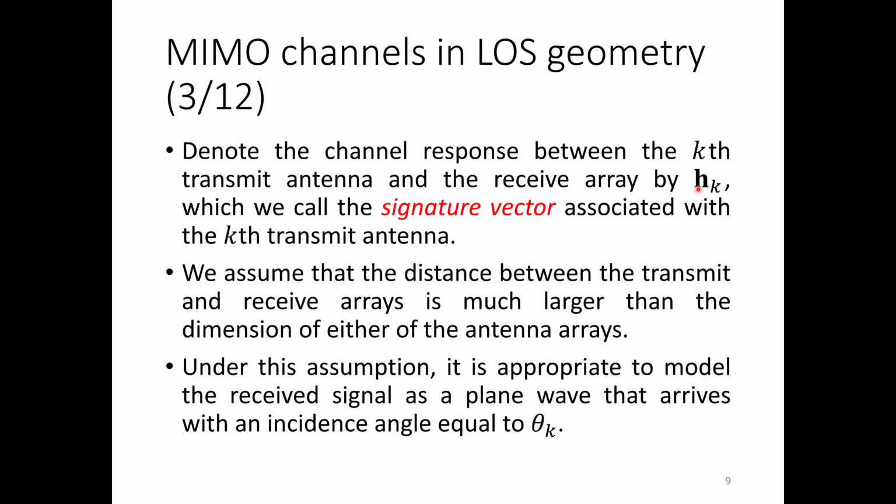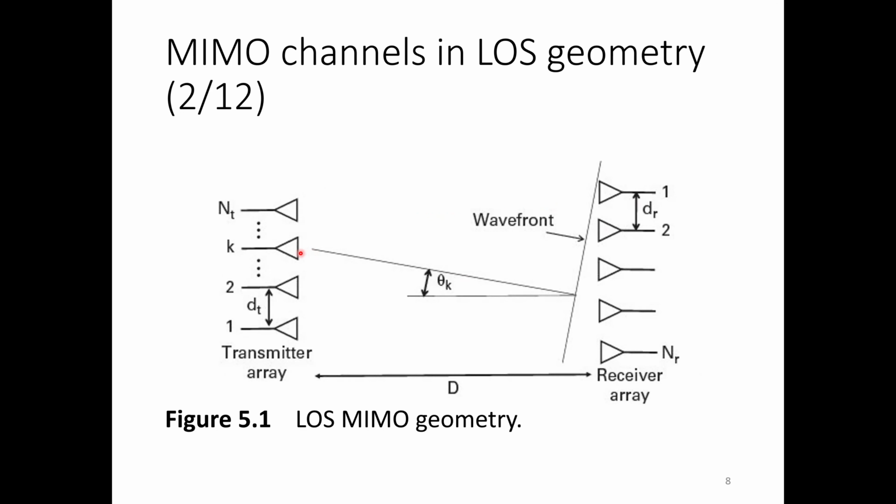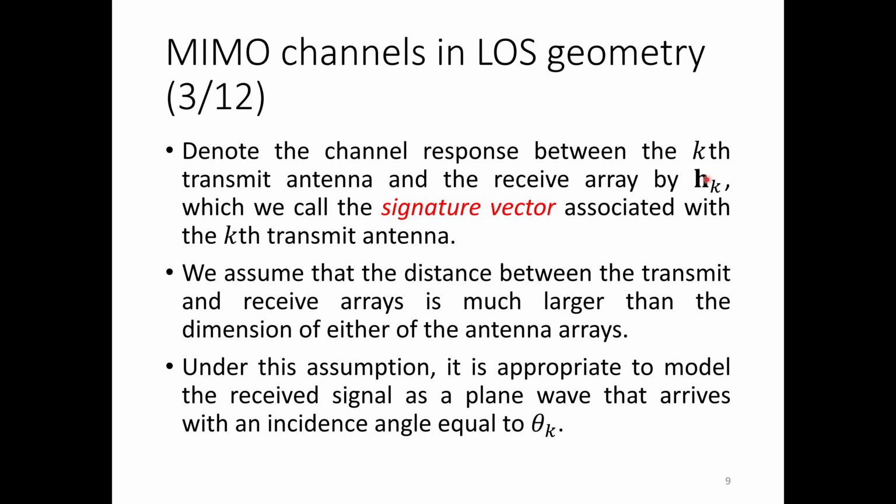We need to list the channel gain between the k-th transmit antenna and the first receive antenna, and the channel gain between the k-th transmit antenna and the second receive antenna, and so on to the NR-th receive antenna. So in the vector HK, there are NR elements.